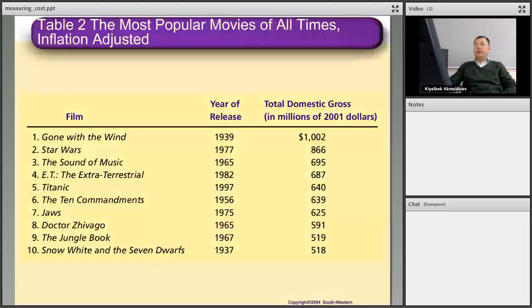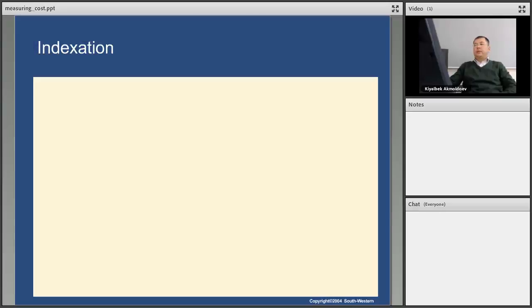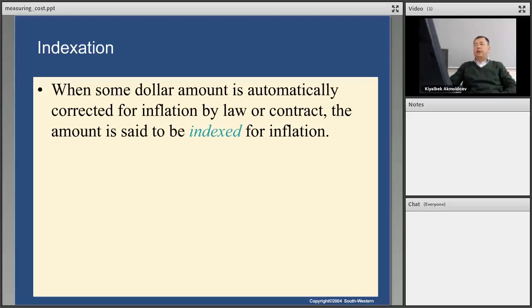So this is how we turn to the most popular movies of all time, inflation adjusted. So it is Gone with the Wind, Star Wars, The Sound of Music, E.T. the Extra-Terrestrial, Titanic, The Ten Commandments, Jaws, Doctor Zhivago, The Jungle Book, Snow White and the Seven Dwarfs.